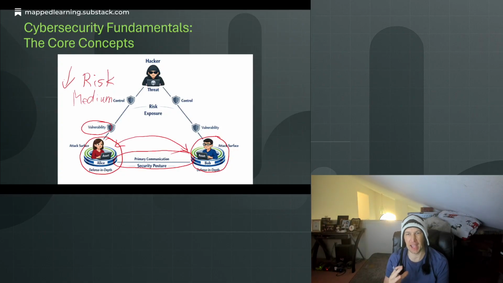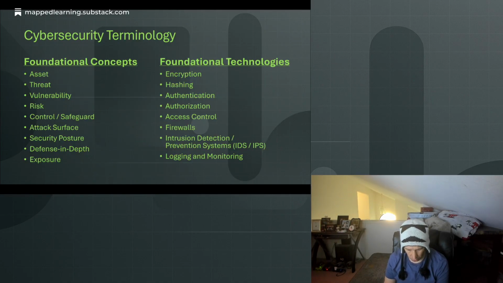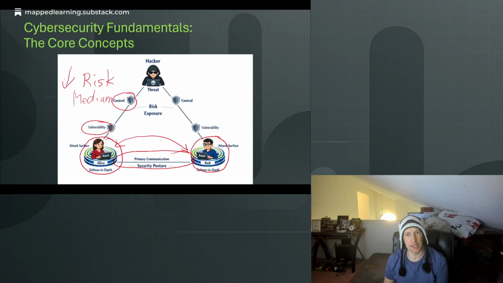And everything, absolutely everything that we do to try to protect these assets is called a control. And previously, we also called that a safeguard. In cybersecurity, safeguard and control mean the same thing. So we want as many controls as possible to protect our information and our assets from this attacker.